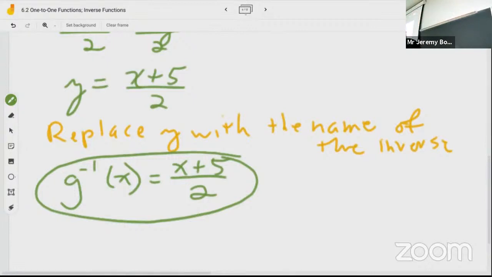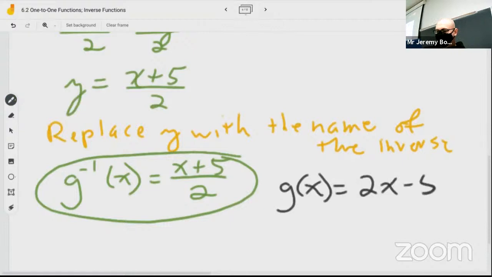What's neat is these, I don't want to say simple, but these non-complex functions, you can kind of see the inverse nature there. For g of x, the first thing you do is multiply by 2, and then you subtract 5, right? If you want to walk that back, do the opposite, what would you do?